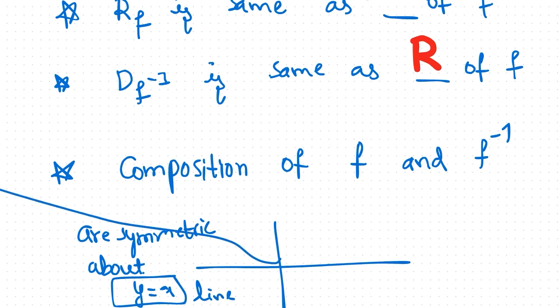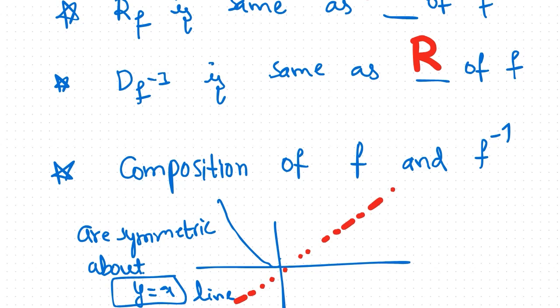So if you consider this part of the parabola, the y equal to x line will be something like a 45-degree line. The inverse of this function will be symmetric, so you have to draw it.